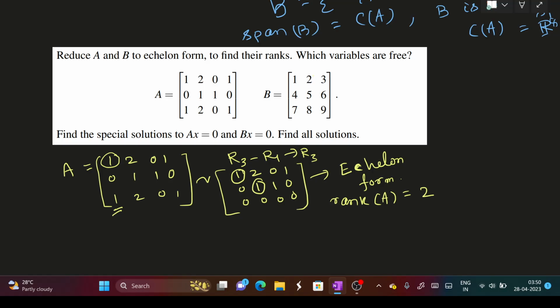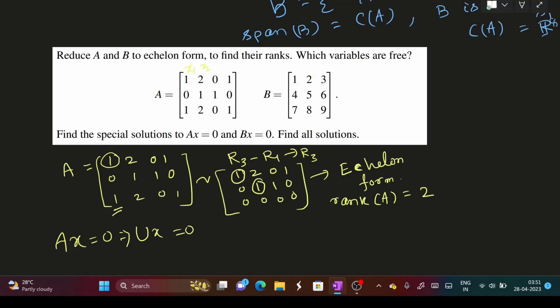Next part of the question is, which are free variables? Suppose I have free variables. So here this is x1, x2. Free variables mean Ax is equal to 0. There, what are the variables? If I multiply this matrix, Ax is equal to 0 means Ux is equal to 0.